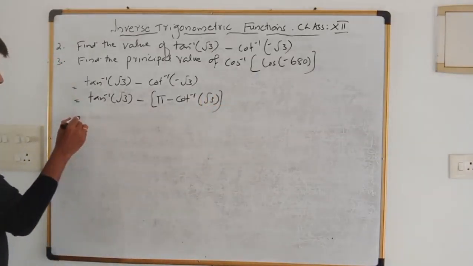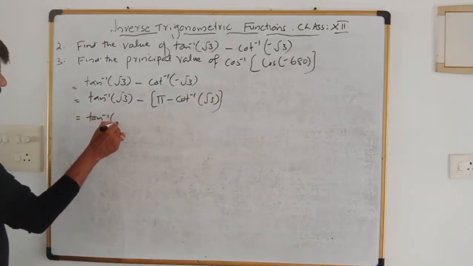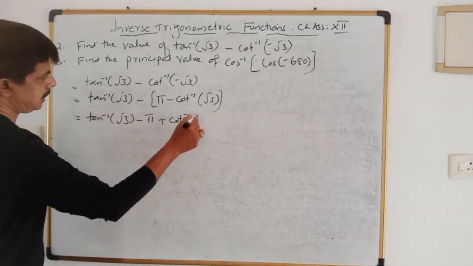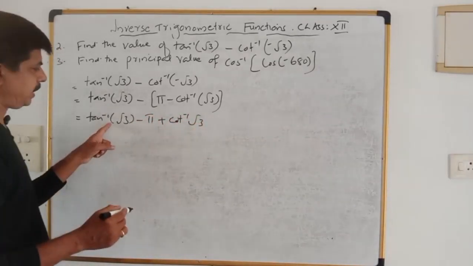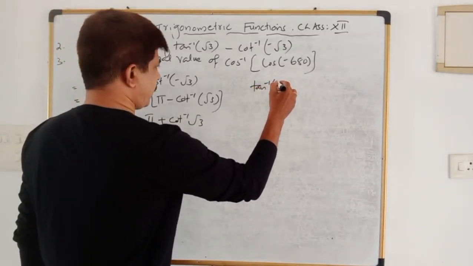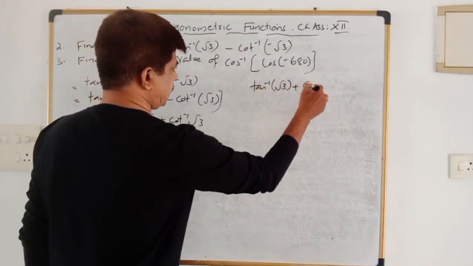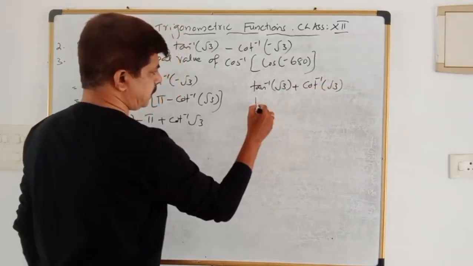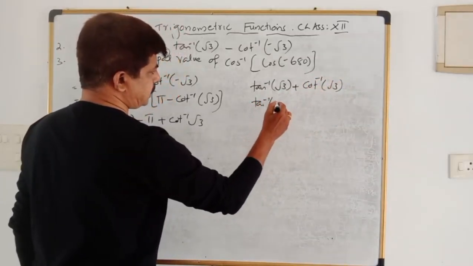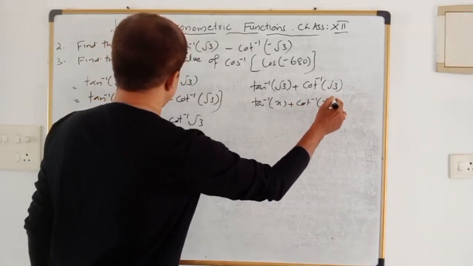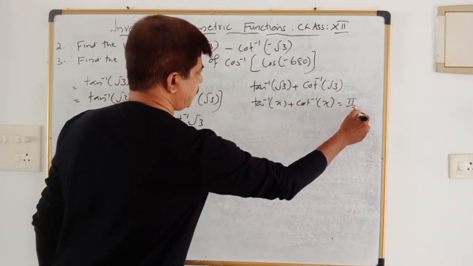So we are opening the bracket: tan inverse root 3 minus pi plus cot inverse root 3. We know that tan inverse x plus cot inverse x is equal to pi by 2. This result we should learn.